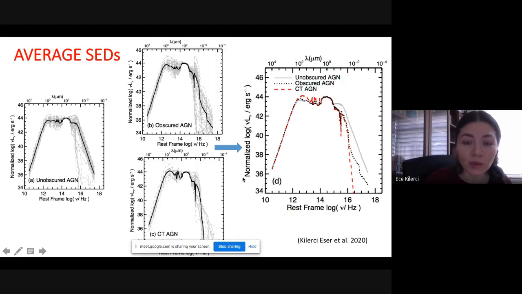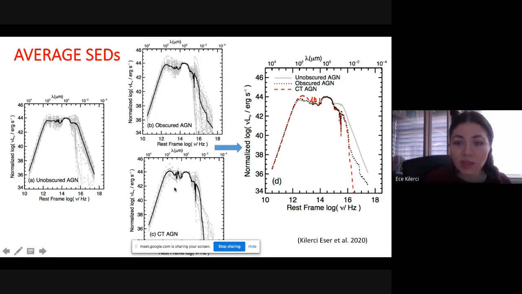When we have this best-fitting model for each of our sources, we divided our sample into unobscured, obscured, and Compton-thick AGN, and we wanted to have the average SEDs of each population. Each green one is the best-fitting AGN model from CIGALE, and the black ones are the average SED of each subsample.